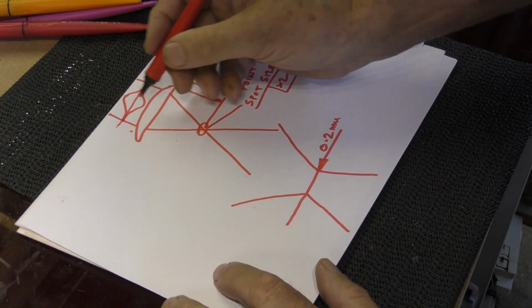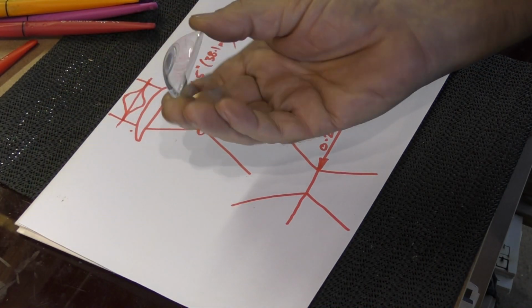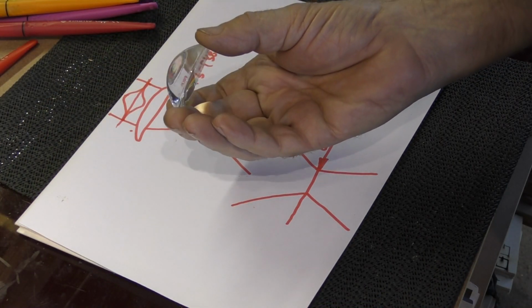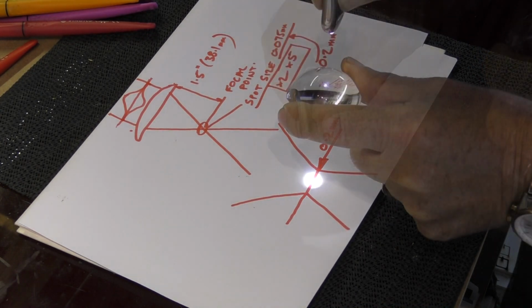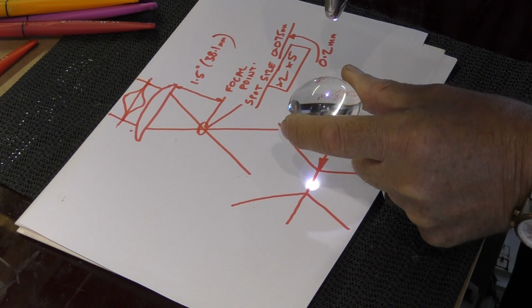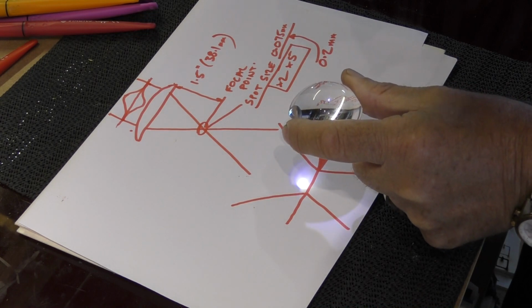Because when we focus that light down, and I'll just borrow one of the lenses out of my wife's glasses, the unfocused light looks like that. But as I concentrate the light, you'll see that it's just getting smaller and smaller and much more intense in the centre.